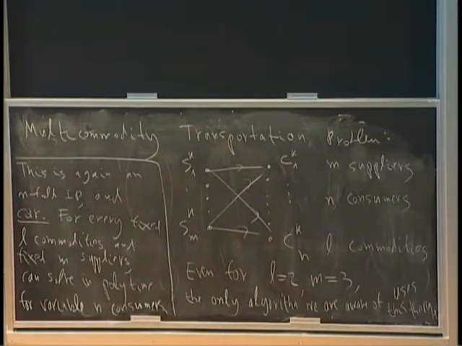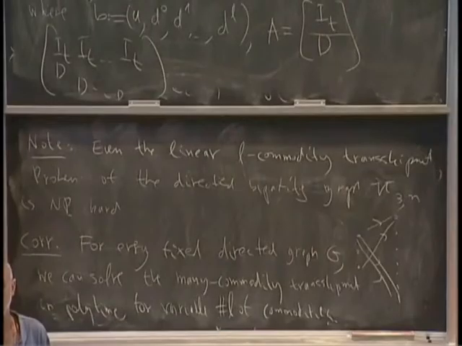So even in a very small problem, just 3 suppliers, bipartite graph 3 by n, and 2 commodities, the only polynomial time algorithm that we are aware of uses this entire theory of Graver bases. And maybe there is a simpler way to do it. So this would be a nice problem for someone interested in graph algorithms, maybe to find some ad hoc algorithm of better complexity, because the complexity for this specific case, L equals 2, M equals 3, is n to the 9.